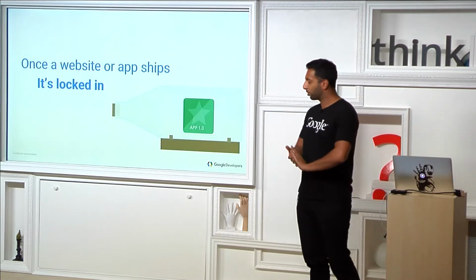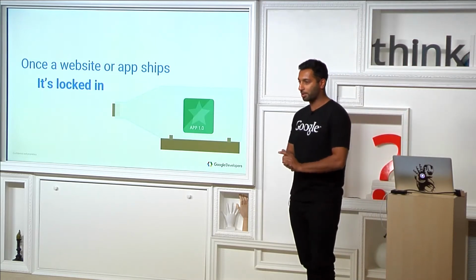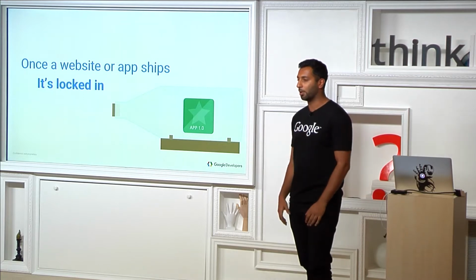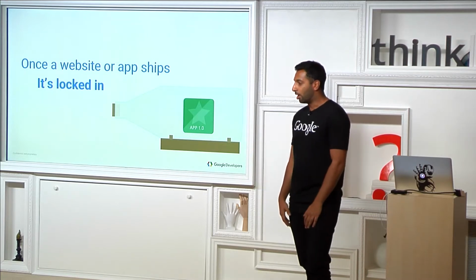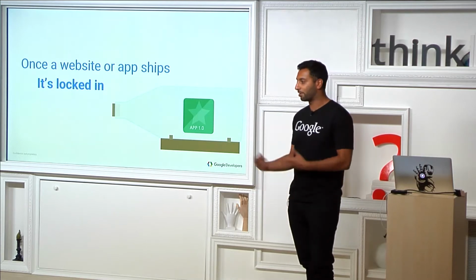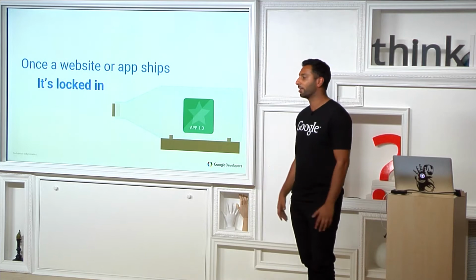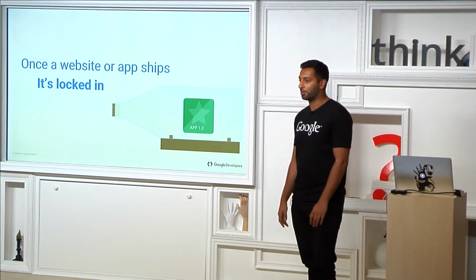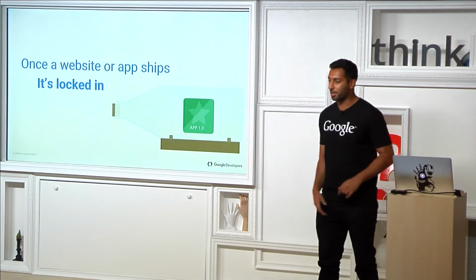So as I mentioned, one of the problems is that once your website or app ships, it becomes locked in with what's on the site. As a marketing person, that can be quite frustrating because you have this new technology, you have this new campaign, and you're relying on your developers to get those changes out there.